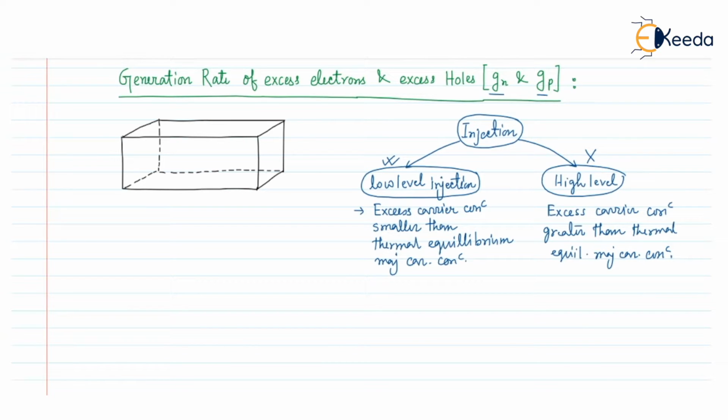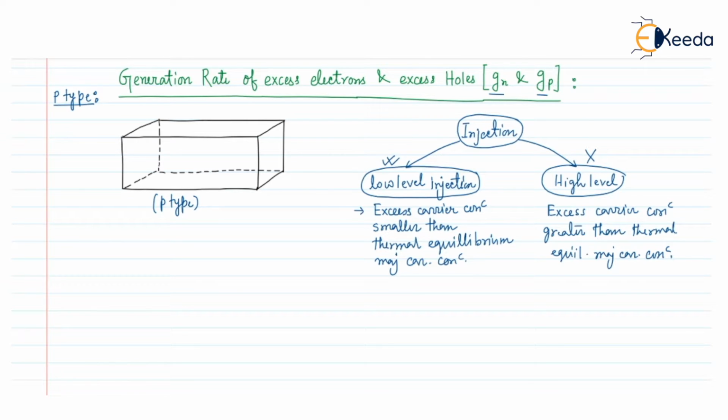Now we have to define the generation rate of excess electrons and excess holes, that is Gn and Gp. For that, let us assume that we have a p-type semiconductor. This is a 3D diagram of a p-type semiconductor.